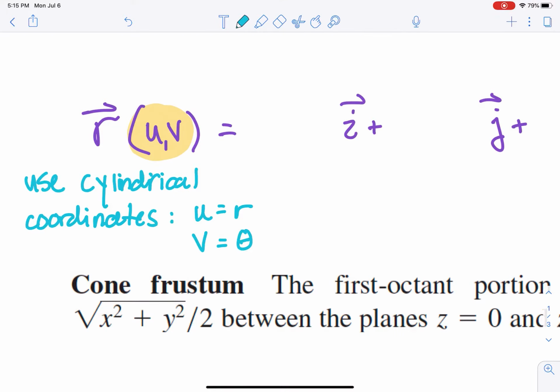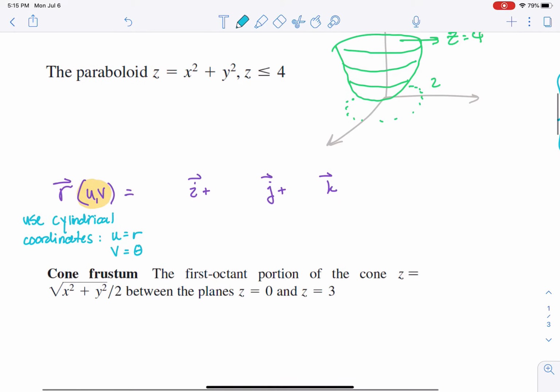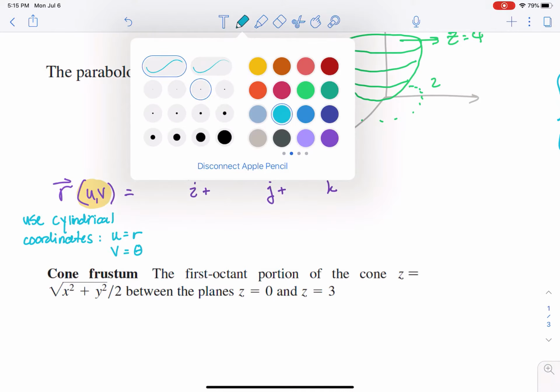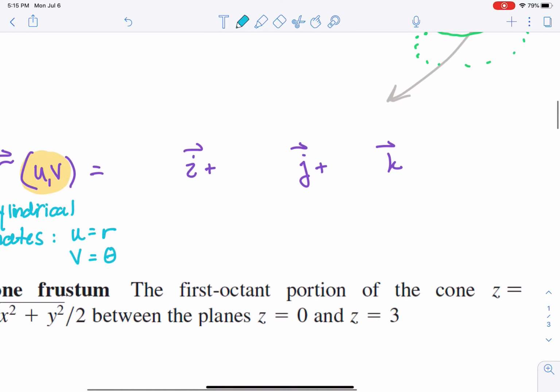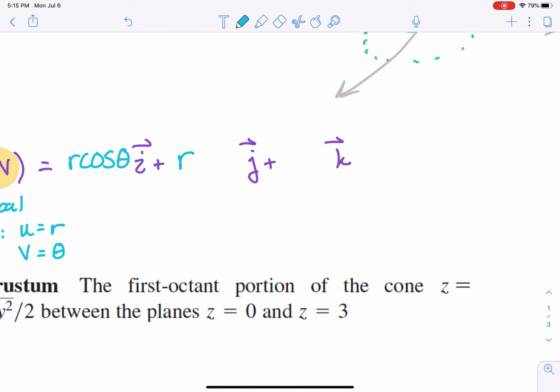So in that case, the x values go here. So x in that case, in cylindrical coordinates, right, x is r cosine theta, and y is always r sine theta. And now we just got to take care of z.